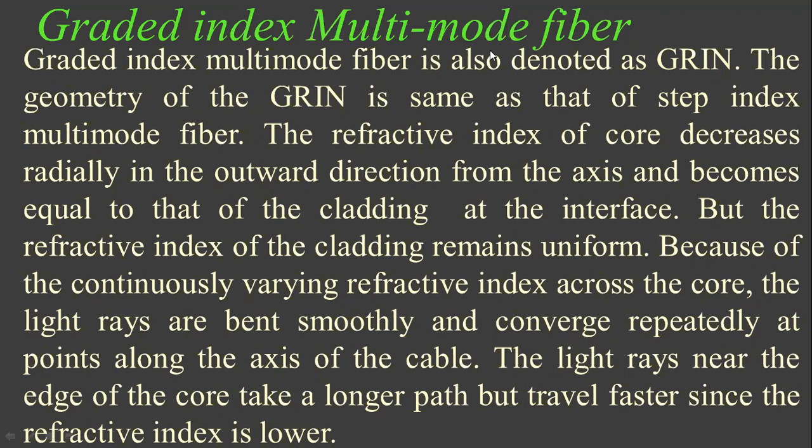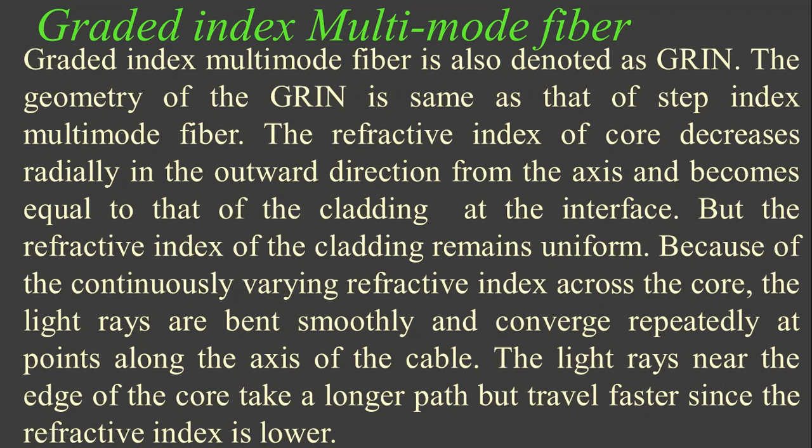The geometry of the GRIN is the same as that of the step index multimode fiber. The refractive index of the core decreases radially in the outward direction from the axis and becomes equal to that of the cladding at the interface, and because of this reason it is called a graded index fiber.